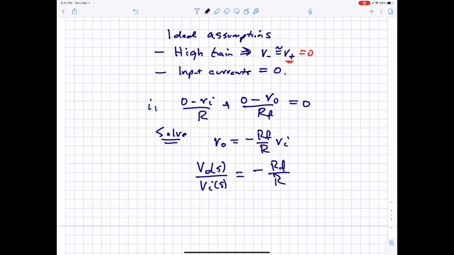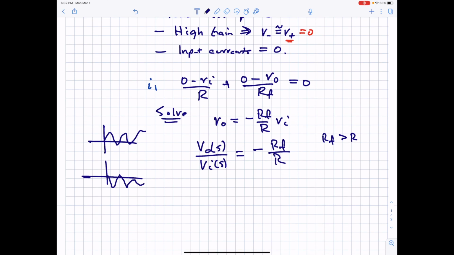So this is an operational amplifier. It would be an amplifier if RF is bigger than R, meaning that any input would get amplified. And the minus sign means it gets flipped to the negative axis. So if I had an input that looked like this going into the op amp, when I flip it, it's going to go negative, with the same shape, only negative. You get the idea.